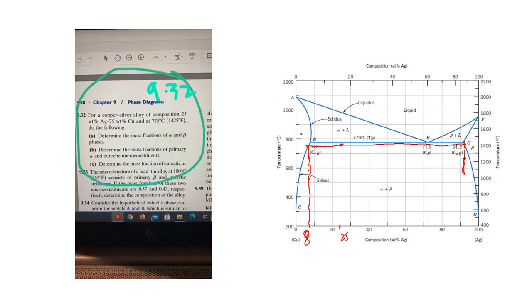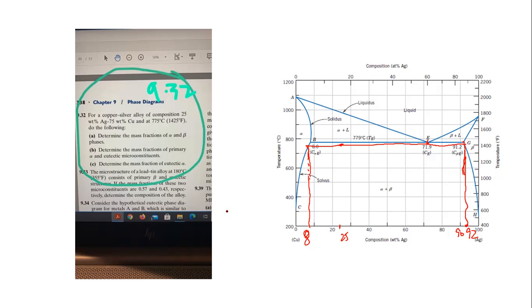If you draw down here, it comes out to be almost 92.